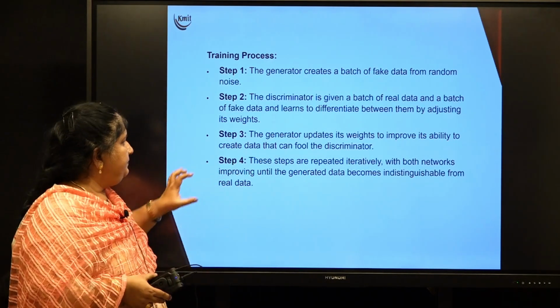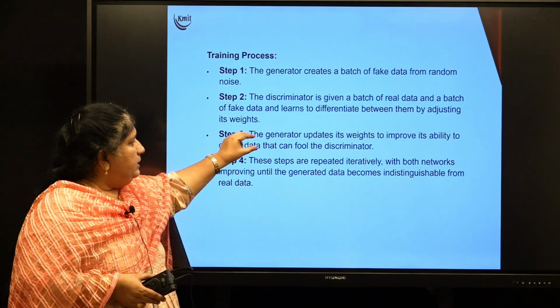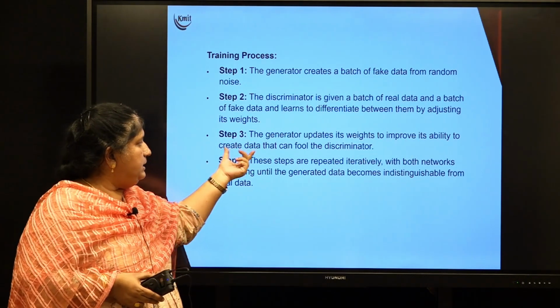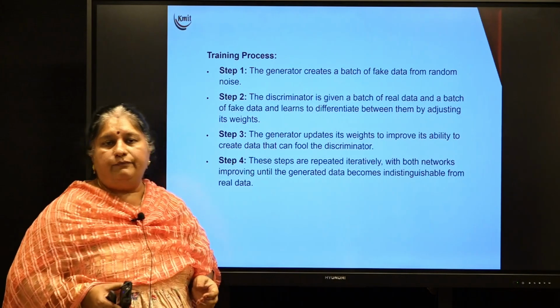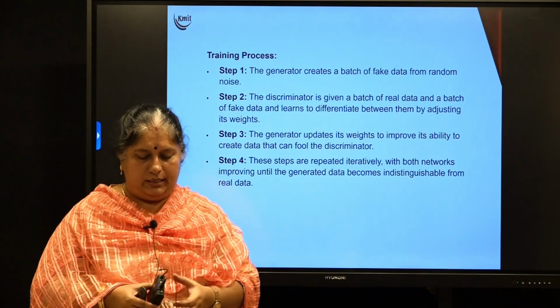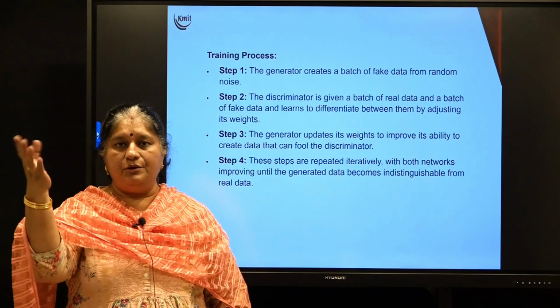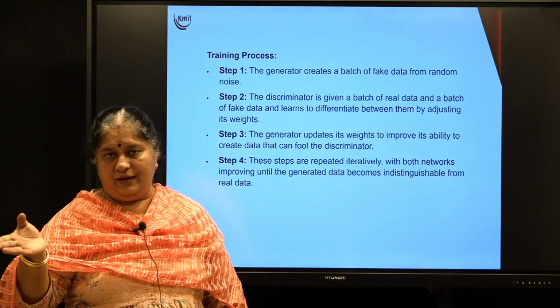Then the generator updates its weights to improve its ability to create data with which it can fool the discriminator. So, say for example, the discriminator told the generator that whatever data it generated is close to fake.